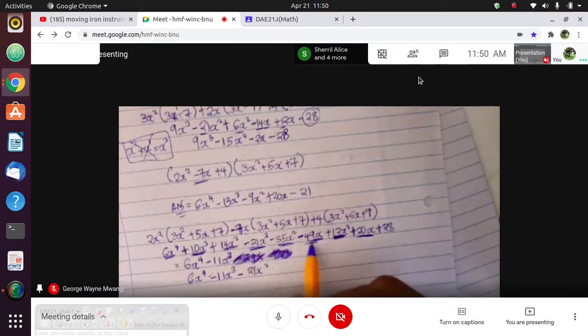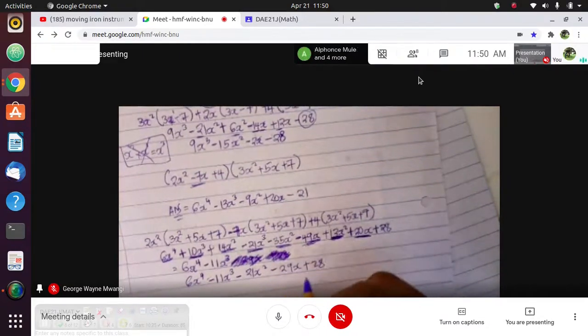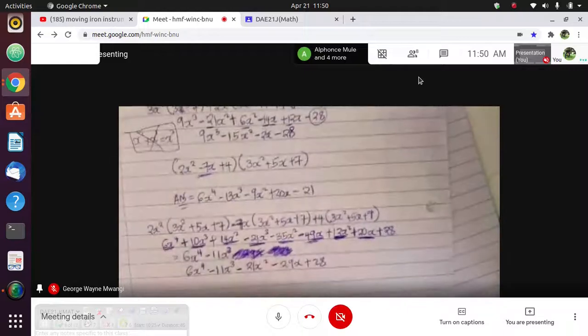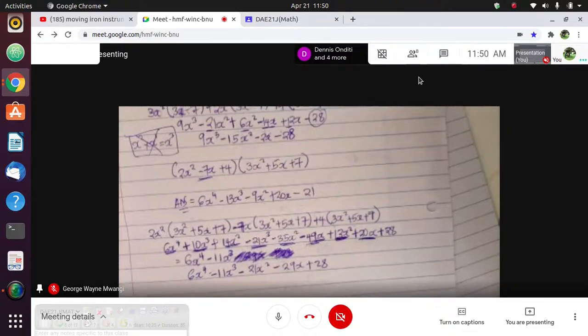Now x: minus 49 plus 20 becomes minus 29x, and the value of the constant remains the same. Tuko pamoja hapo? Ama mimi naona nimekosea mahali?